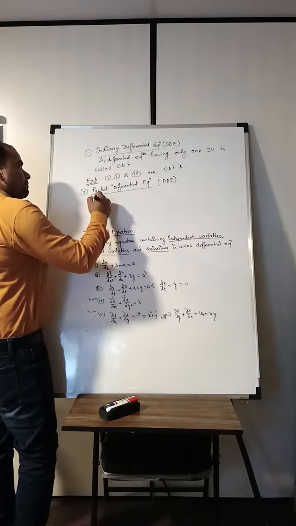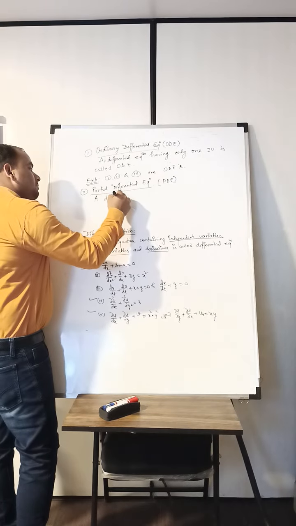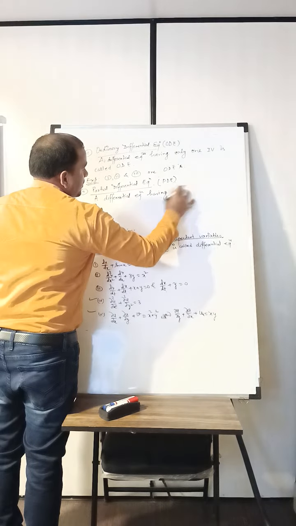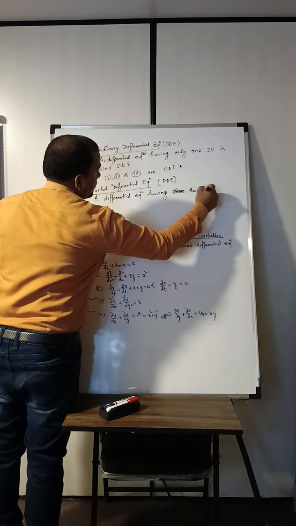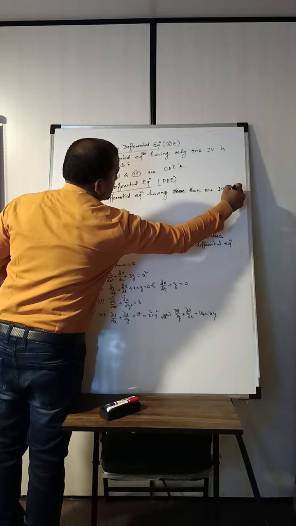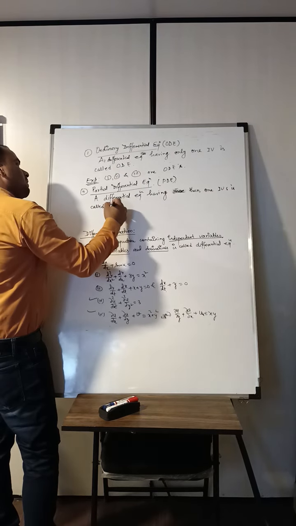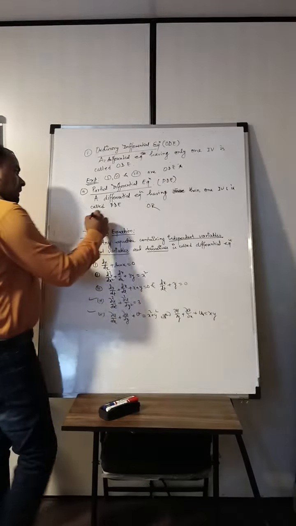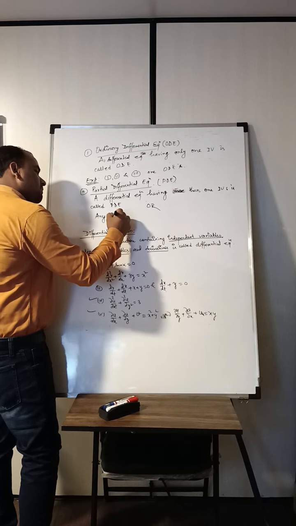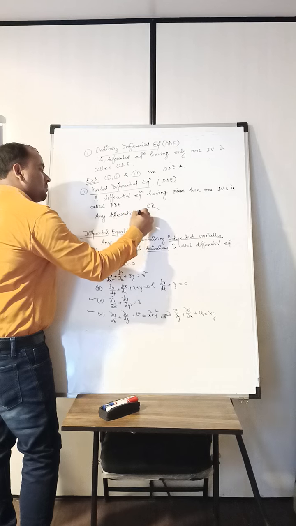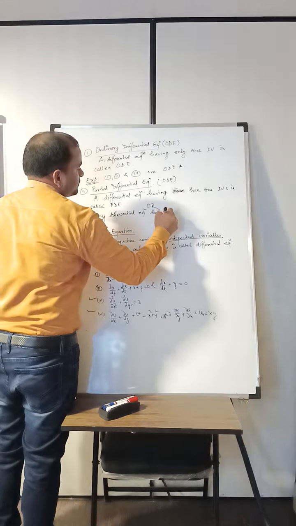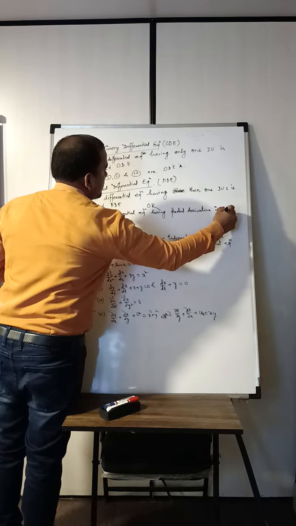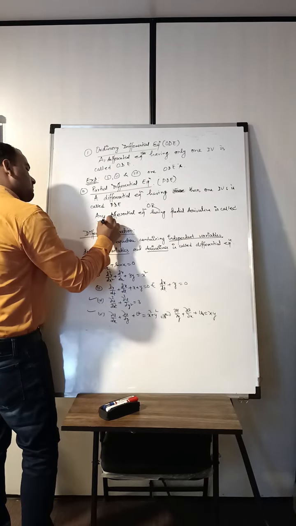So a differential equation having more than one independent variable is called a partial differential equation, or any differential equation having partial derivatives is called a partial differential equation.